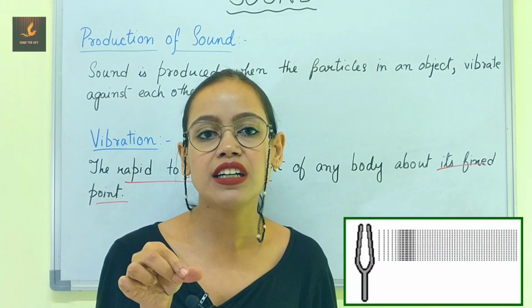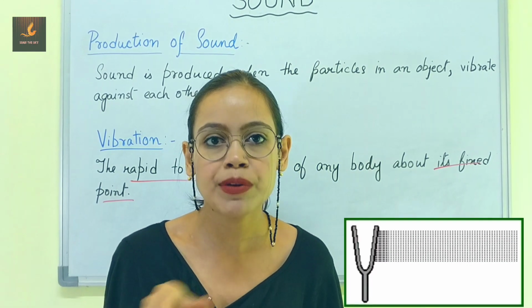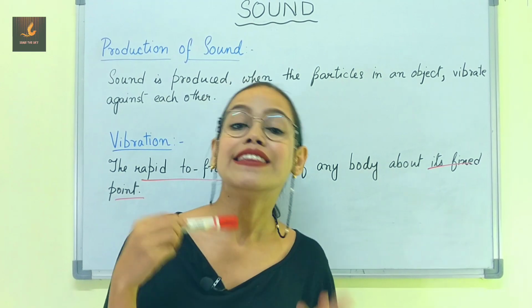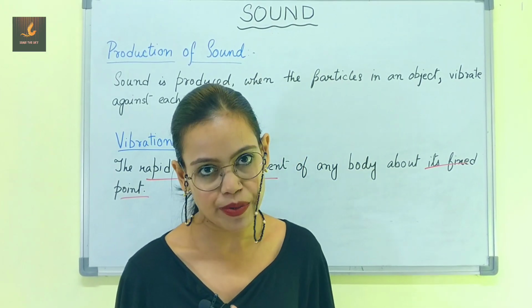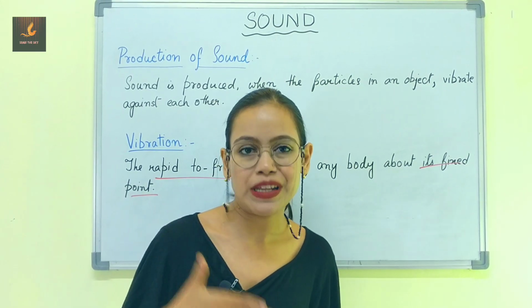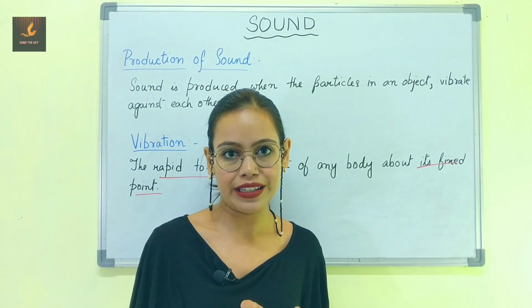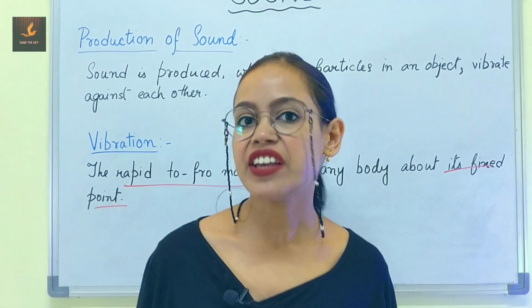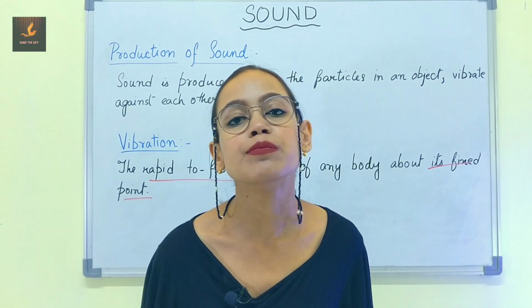So, if a particle is not actually moving but swaying to and fro about a particular position, that movement is called vibration. That is not an actual movement from one place to another, but it is vibrating, that is, swaying to and fro. This can be very well demonstrated by using a simple rubber band.